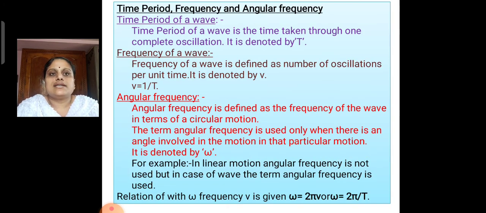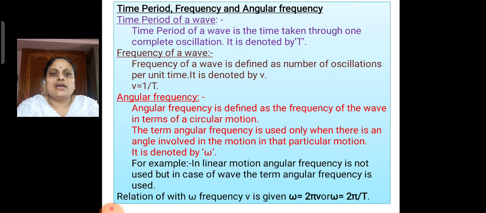Now let us see time period, frequency and angular frequency of a wave. Time period is the time taken to complete one oscillation. It is denoted by the symbol capital T. Frequency of a wave is defined as the number of oscillations per unit time.